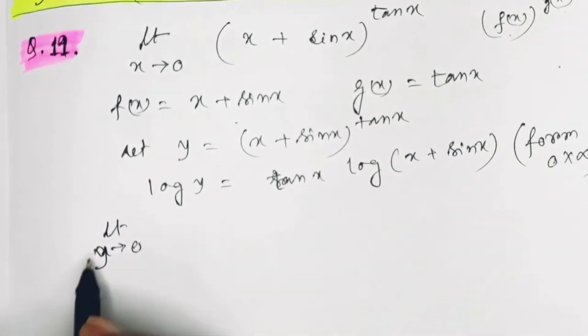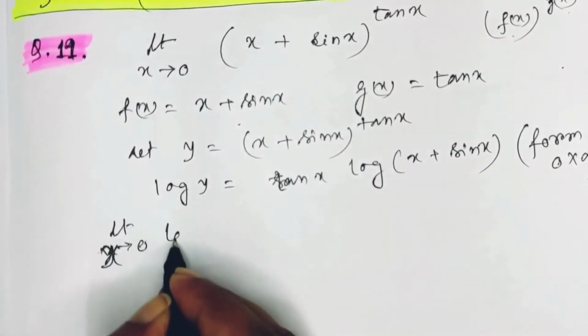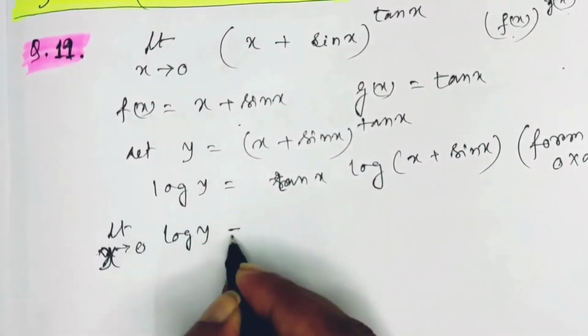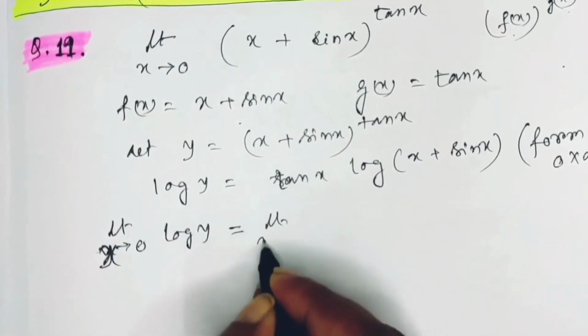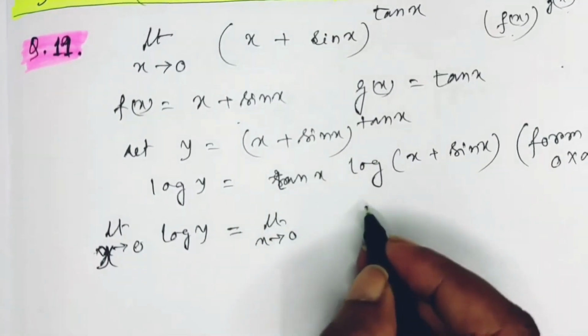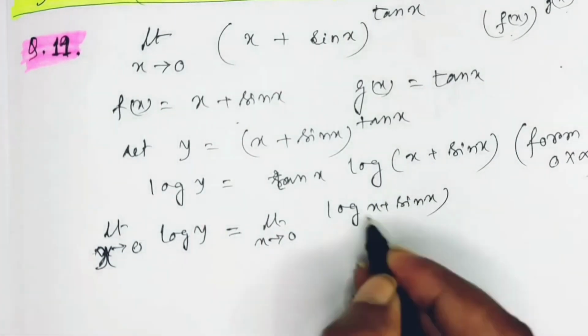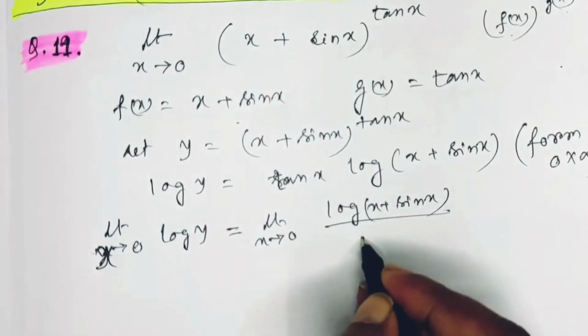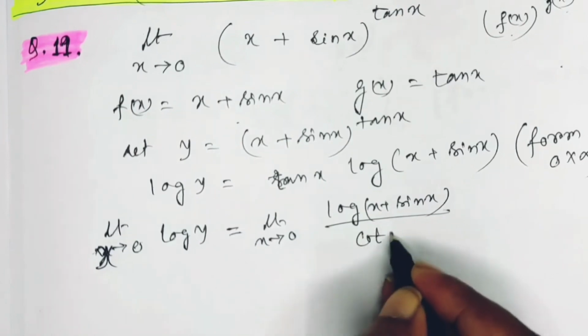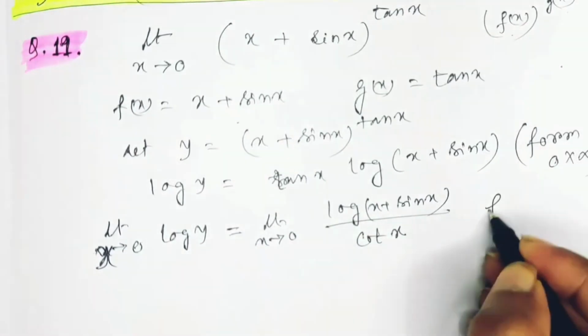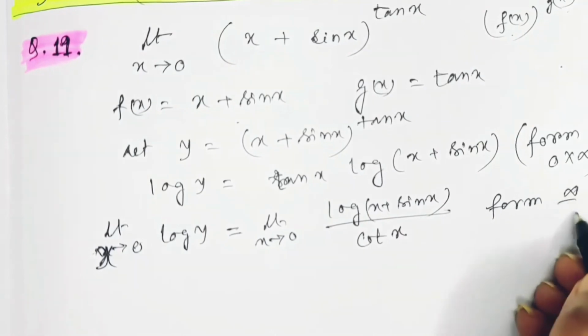We rewrite in the form x tends to 0, log of y is equal to the limit x tends to 0, and we should write that form as log of x plus sin x divided by 1 upon tan x, that means cot x, and it is in the form of infinity by infinity.